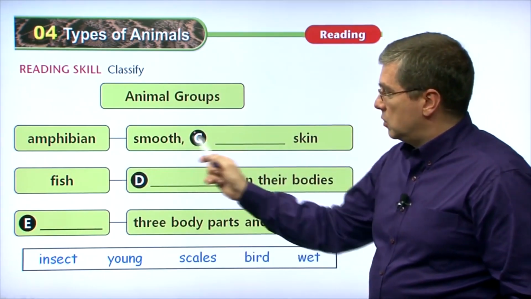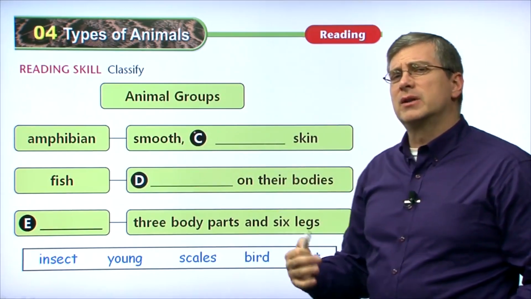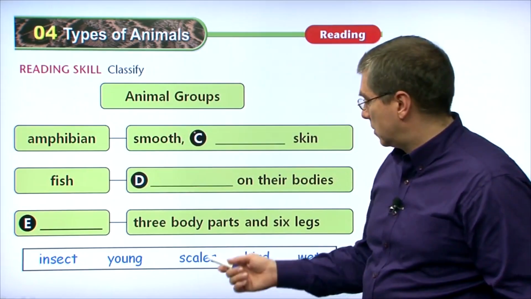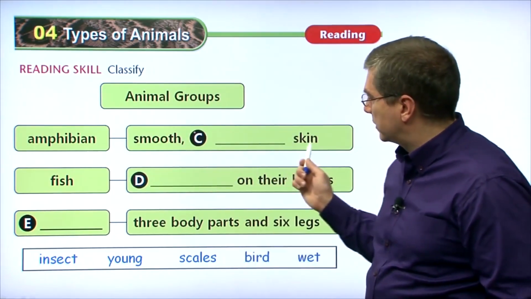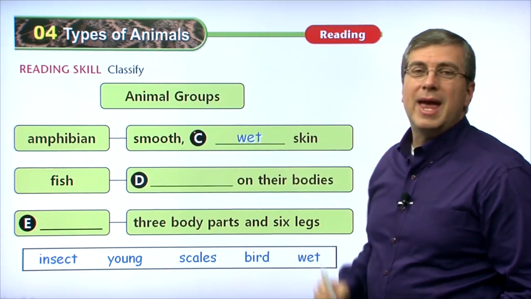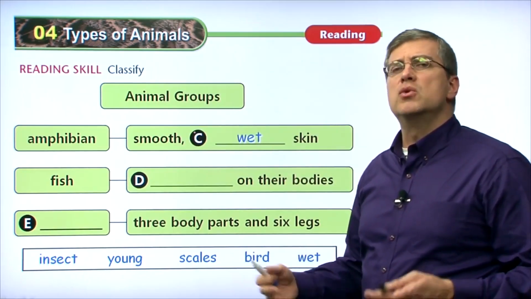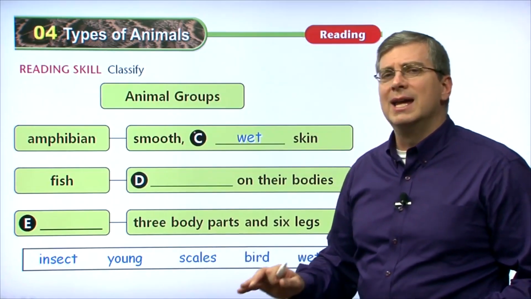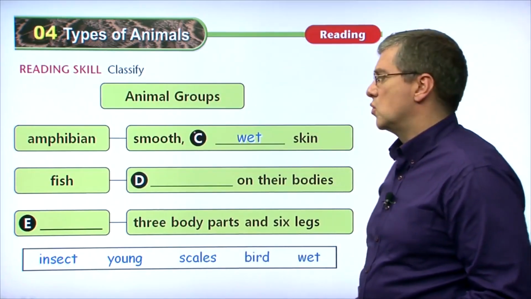What kind of skin? Smooth and what kind of skin? When we talked about amphibians, we said something special about their skin. So what's about their skin is special. Smooth, wet skin, right? It's smooth and wet. Those amphibians have smooth and wet skin. That makes them different, of course, from reptiles that have dry and rough skin, not smooth.